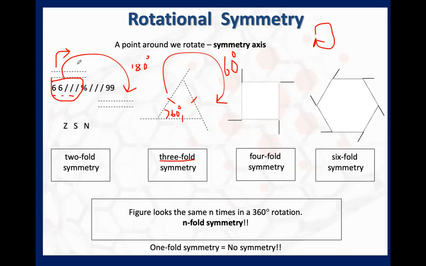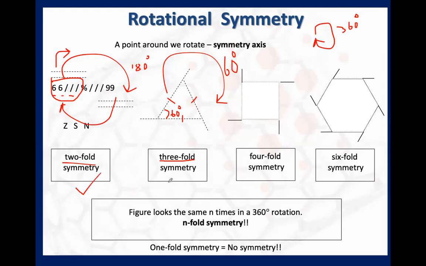In this other case, one time you have this configuration, and if you rotate another 180, you will have the same shape again. So it's called two-fold. So in a 360 degree rotation, if you see the same shape on two occasions, you call it two-fold symmetry.